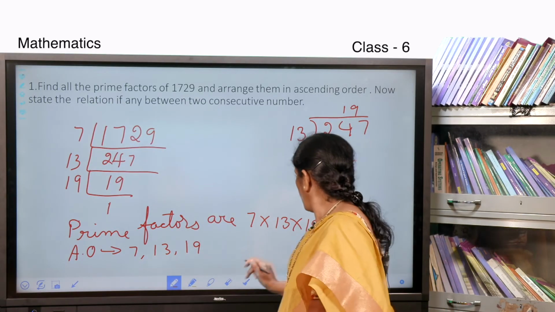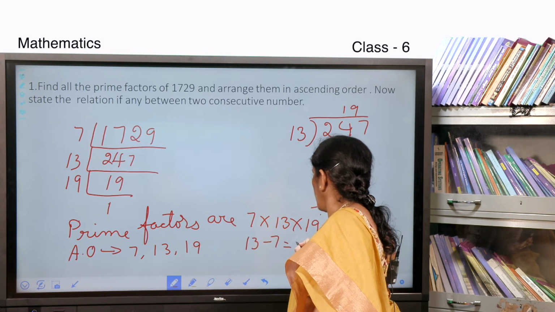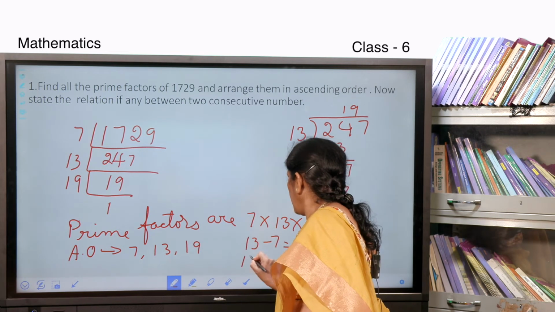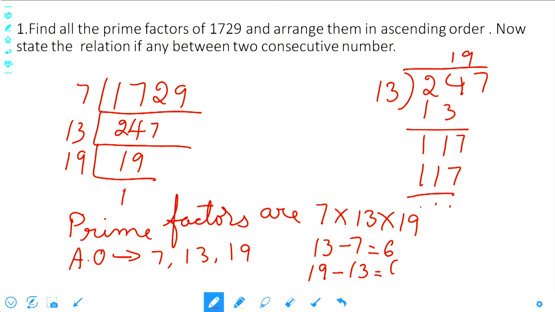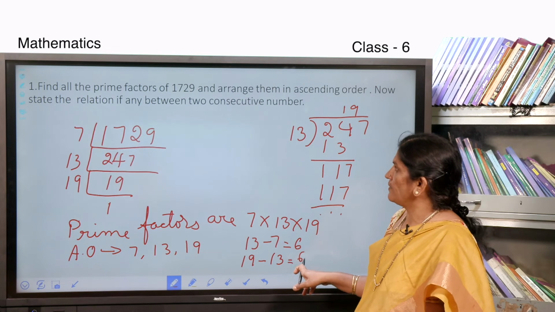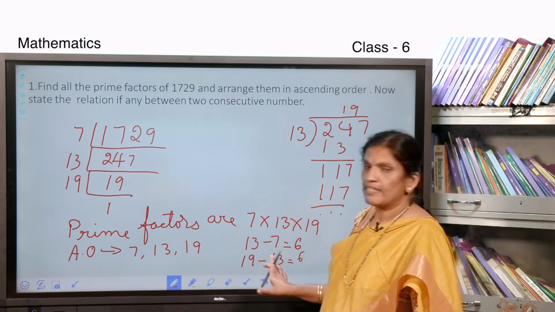So, you do here 13 minus 7 is equal to 6, 19 minus 13 is equal to 6. So, the relation is if we subtract these two numbers we get 6 as difference.